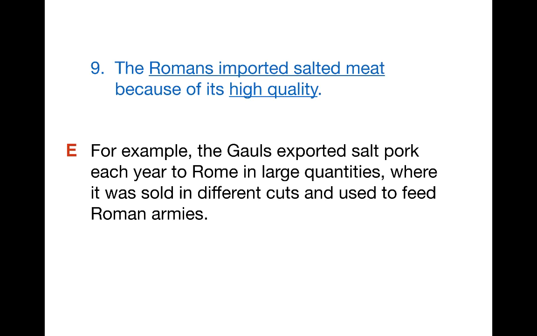We've got the Gauls exported salt pork each year to Rome. So if the Gauls exported salt pork to Rome, that means the Romans did import salted meat. But is there any information about the high quality? The answer is no. Again, we don't know whether it's because of high quality or for other reasons, so we have to put not given.